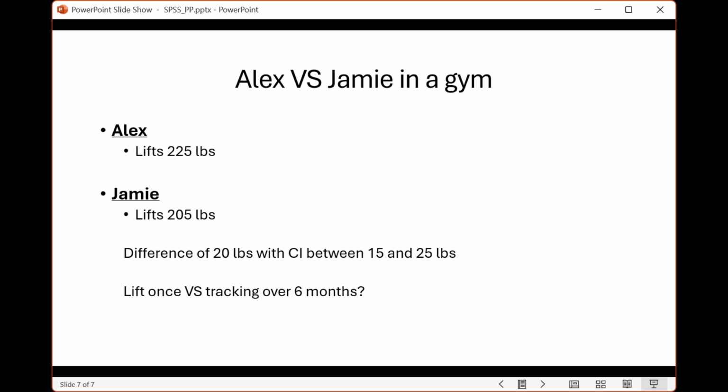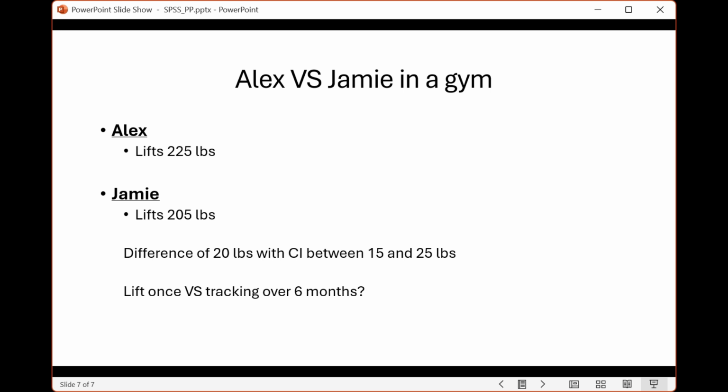The t value is like the difference in their lifts. Say Alex benches 225 pounds today, and Jamie did 205 pounds. That's a 20-pound difference. But does it mean Alex is always stronger? Not necessarily. Maybe Jamie was tired, or maybe they usually lift the same and this is just a fluke.